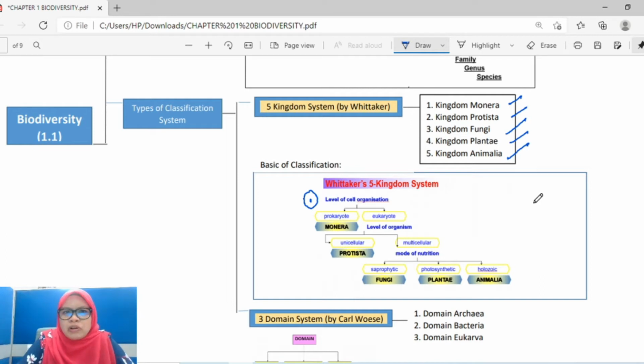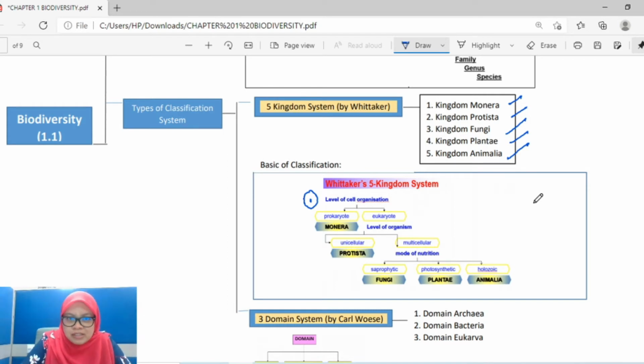So when we talk about prokaryote, the main characteristic of prokaryote organisms, they are unicellular. They do not have a true nucleus, and they do not have membrane-bound organelles. So if the species show these characteristics, they will be grouped under kingdom Monera.